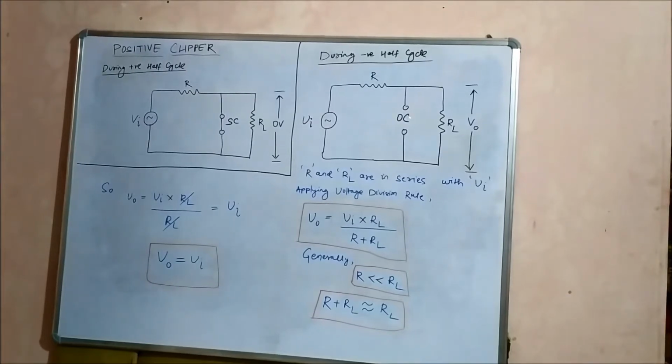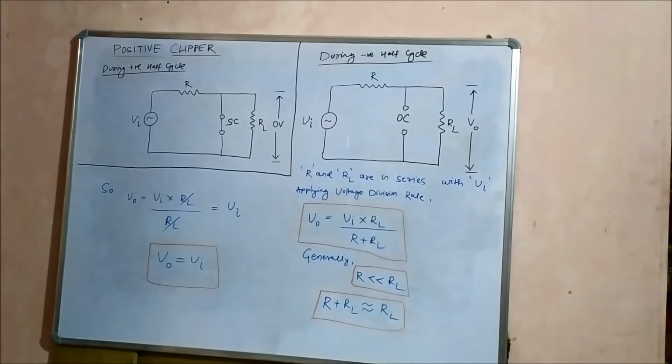As you can see, during the negative half cycle, this diode is reverse biased and gets open circuited. Now if you look closely at this circuit, because of the open circuited diode, the resistance R and the load resistance RL are now in series with the input AC voltage.